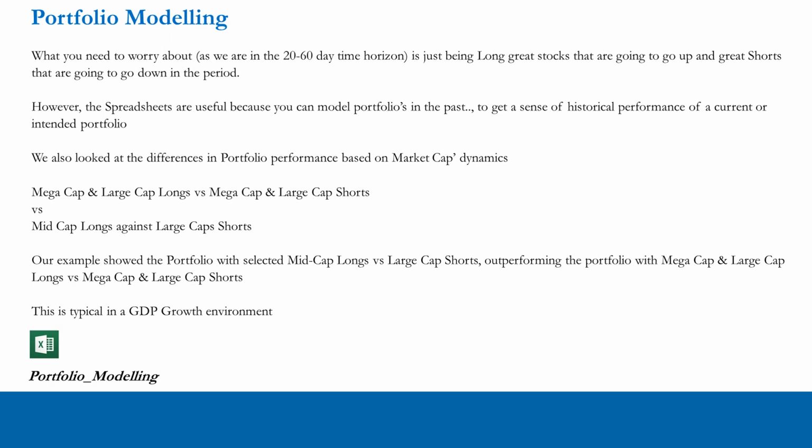You actually have to select the right mid-cap longs and the right mega-cap and large-cap shorts in order to make money. This comes with the quality of your trade idea generation process, and we'll be moving into that section of the PTM video series next.